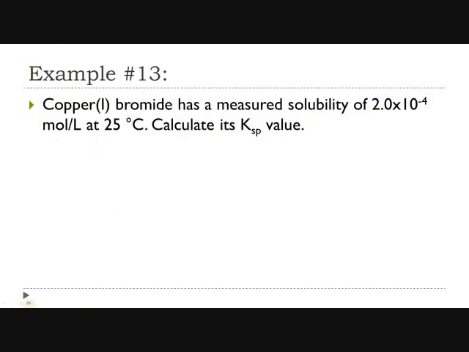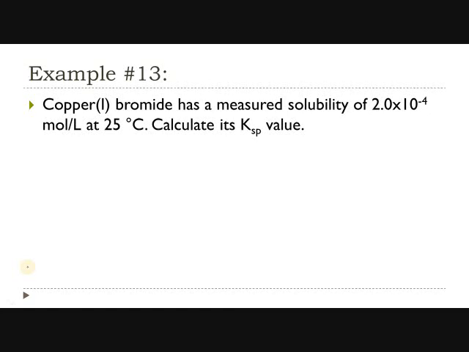Okay, so now example 13. Let's learn how to solve for Ksp. Copper(I) bromide has a measured solubility of 2.0 times 10 to the negative 4th moles per liter at 25 degrees Celsius. Calculate its Ksp value. First of all, it's good to know the ratio of our ions.